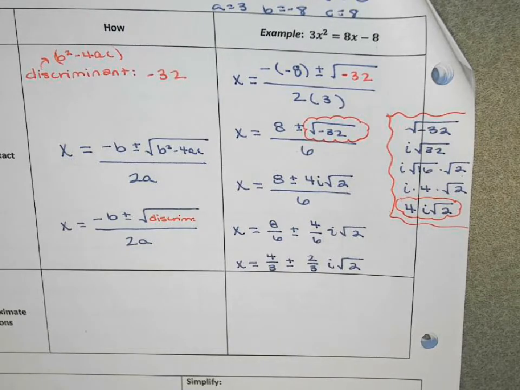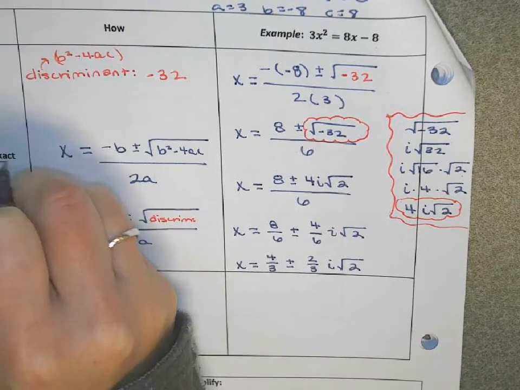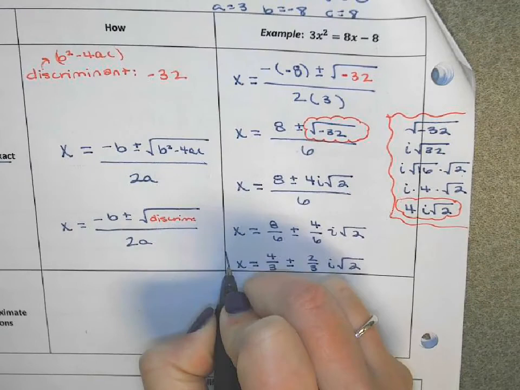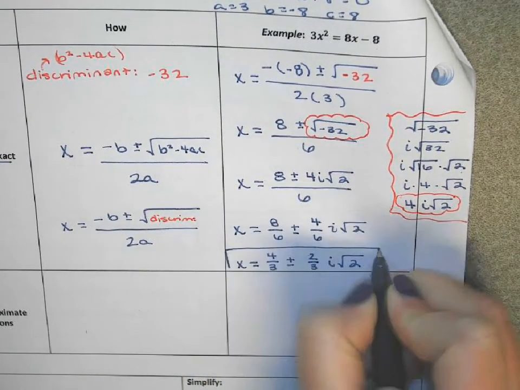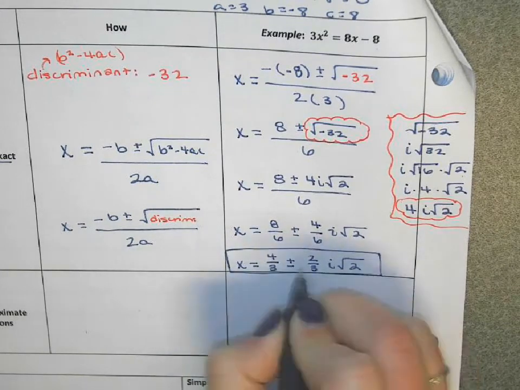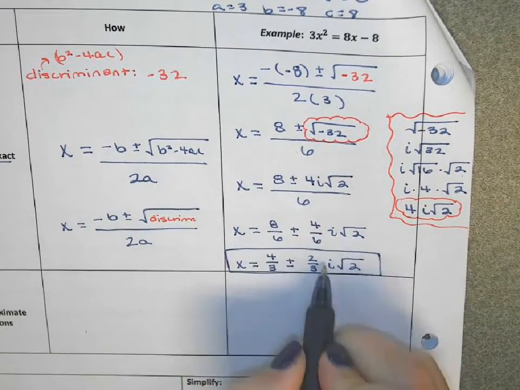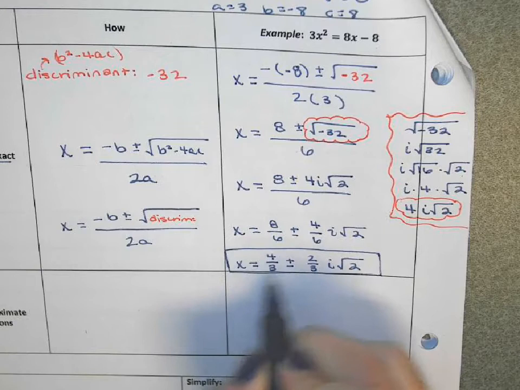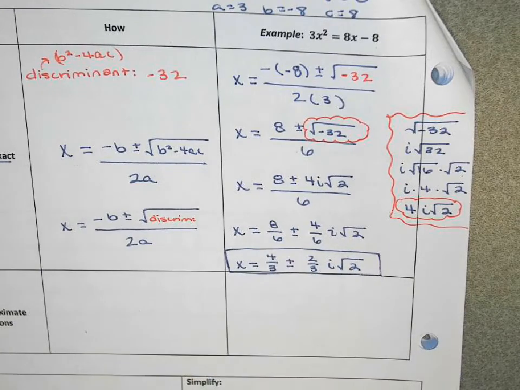That is our final answer for an exact solution. And it's in the form of a plus bi, where your i term comes second and your real number is first. So far, so good?